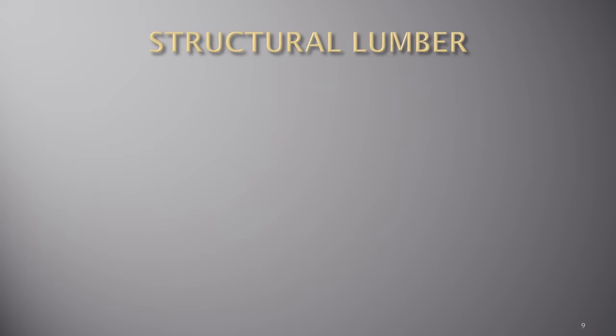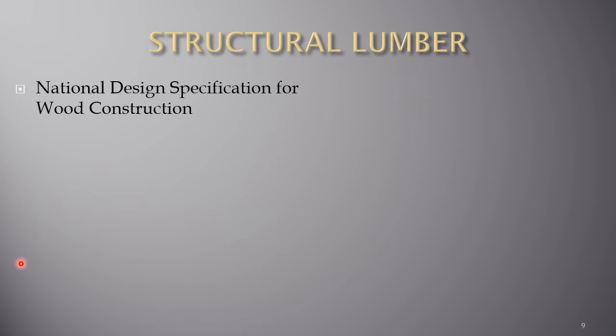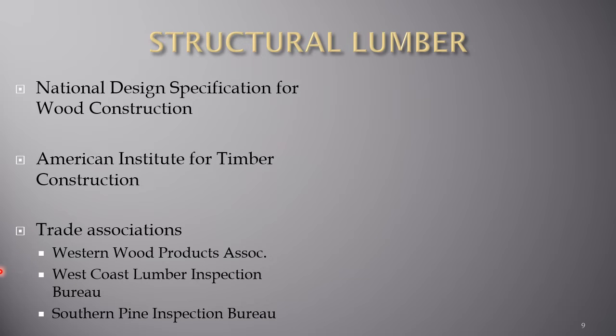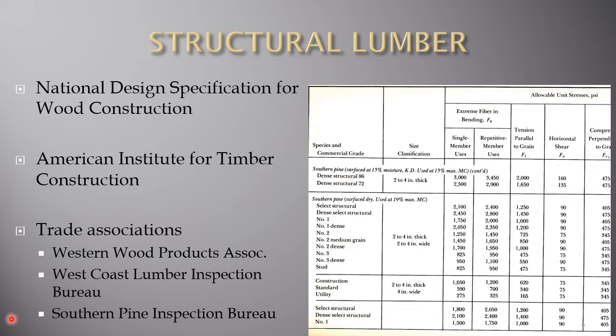That grading might be based on information from the National Design Specification for Wood Construction, or the American Institute for Timber Construction, or various trade associations such as the Western Wood Products Association, West Coast Lumber Inspection Bureau, or the Southern Pine Inspection Bureau. And they will produce information about the type of wood, the size and the use and allowable stresses under certain conditions.